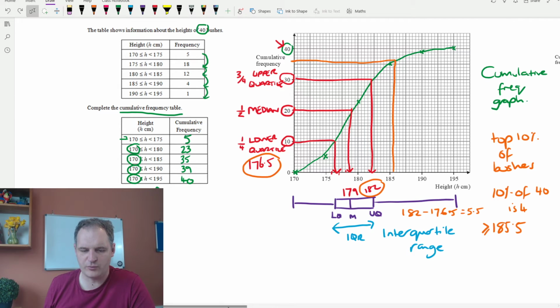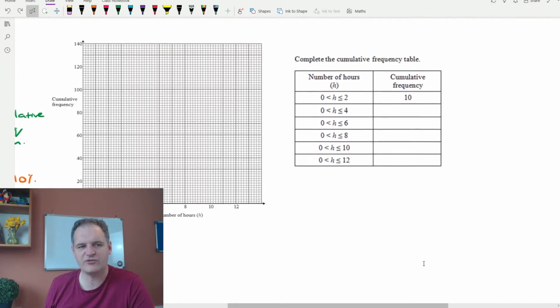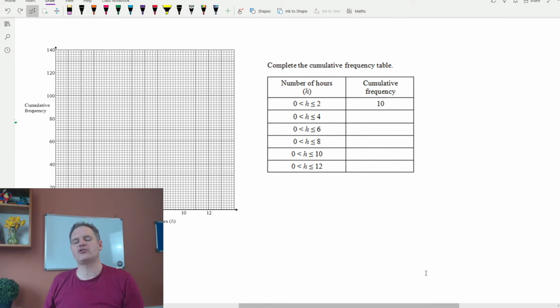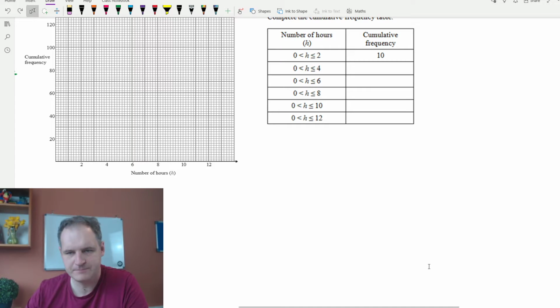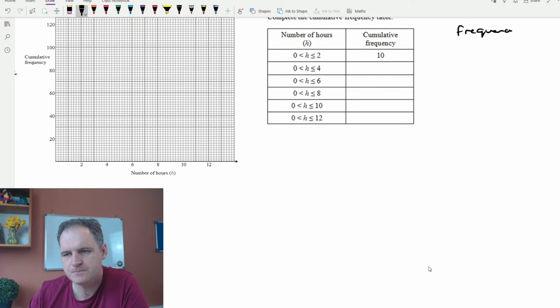Right, well, here's one I prepared earlier, but we're missing something. We haven't got the cumulative frequency results. Do not fear, we can make them. Let's imagine we've got some frequencies. So the first one is 10. We've then got 22, 36, 34, 15 and 3.